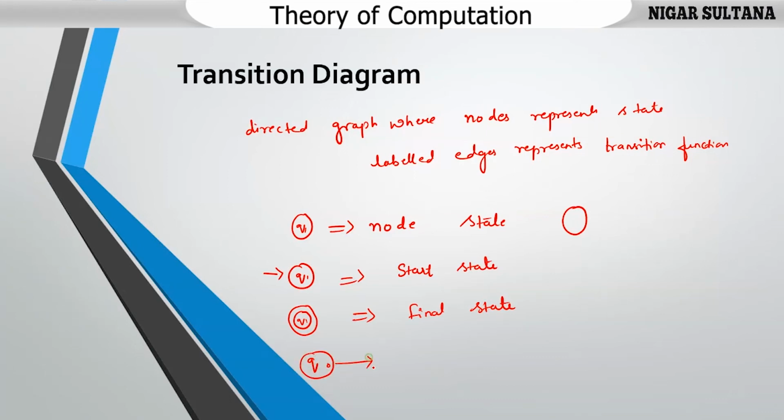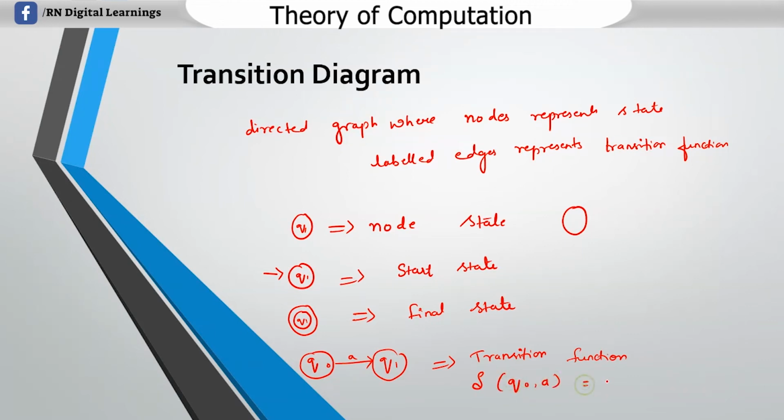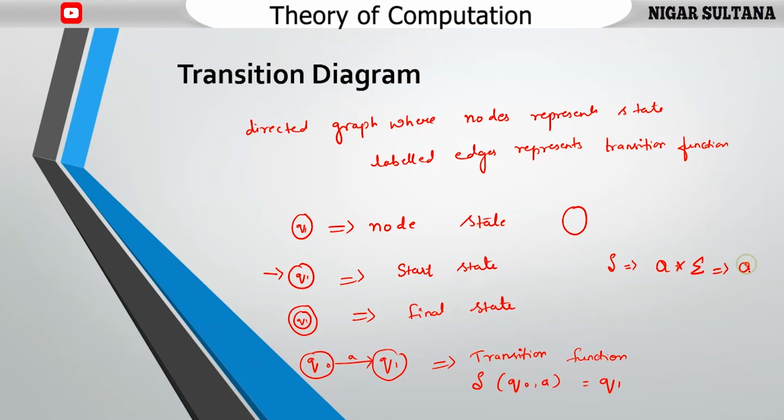Next notation: Q0, which is directing to Q1. This indicates the transition function. This can be written as transition function of Q0 comma A, which gives Q1. I'll explain. I have told you the transition function is represented by Q into sigma, which gives another state.